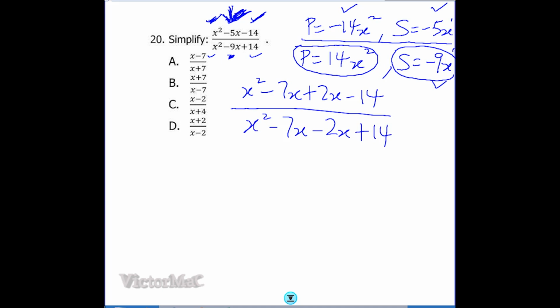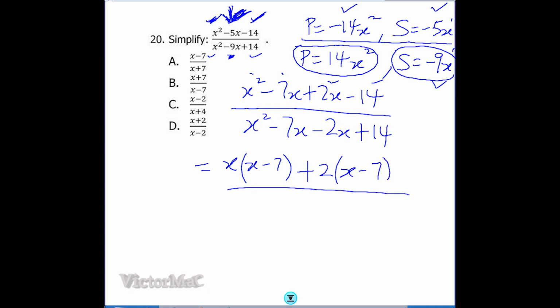Now picking the first 2 terms here, factorizing, what is the HCF? The HCF is x, dividing each of them by x, we have x minus 7. Also picking the next 2 terms, the HCF is 2, dividing each of them by 2, we have x left as quotient, and then minus 7 left as quotient. Alright, for the denominator, the first 2 terms, when we divide by x being the HCF, we have x minus 7. The same thing goes here.